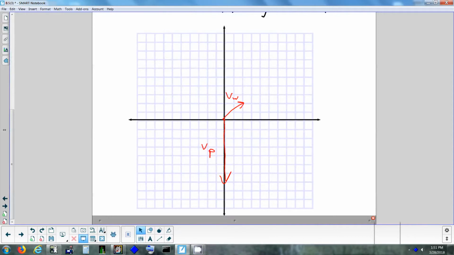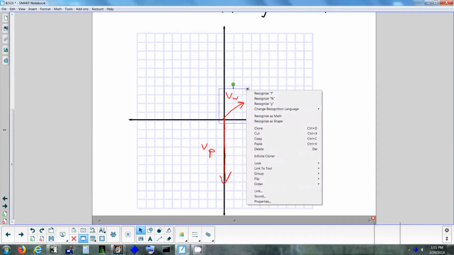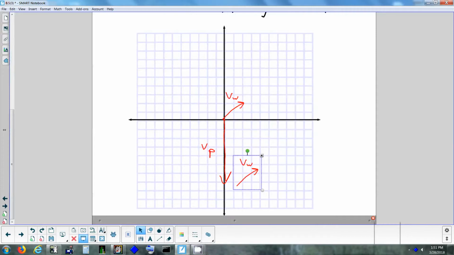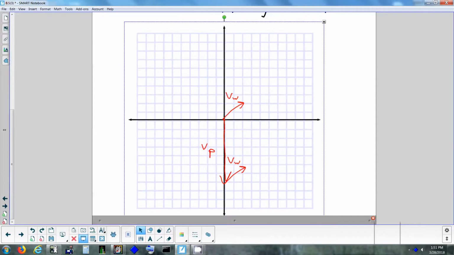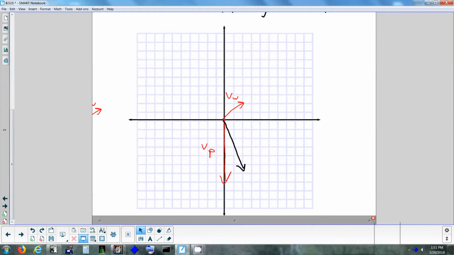To figure out the actual direction of the plane, all I have to do is take this and just temporarily put it right there. And what I just did was add the wind and the plane together visually. And I got the vector in black. So what's in black is what's actually going to happen.